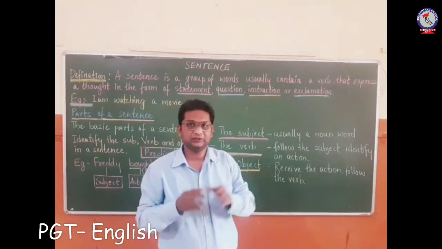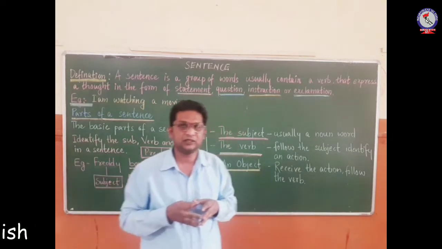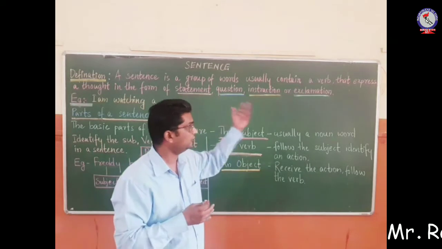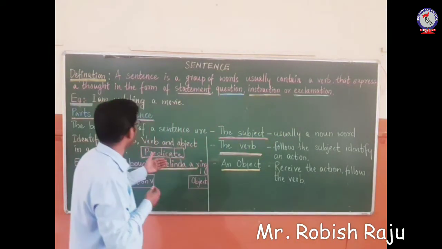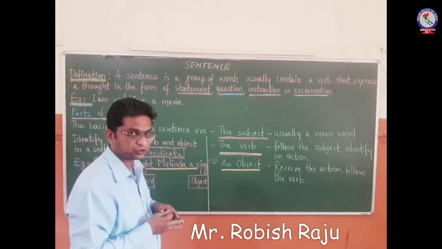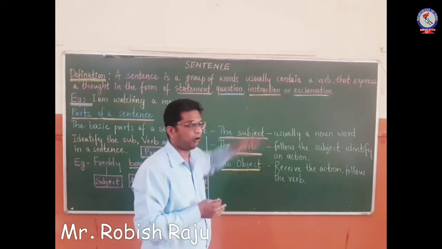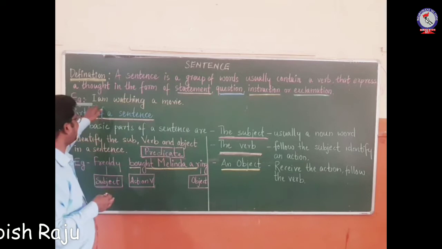Now, by the definition of sentence, we understand that it is a group of words that contain a verb which express a thought in the form of statement, question, instruction or exclamation. Now see one example here.